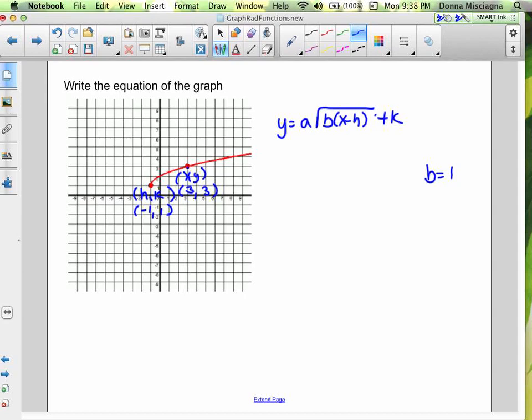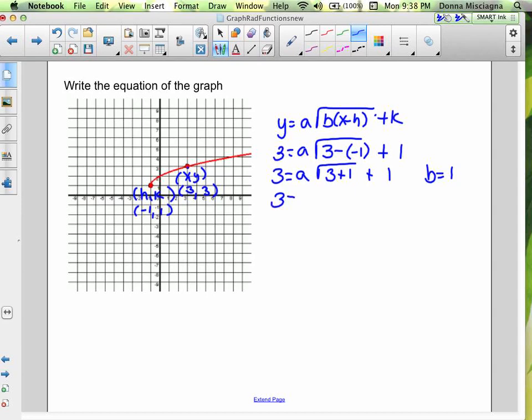All right, so we have 3 equals a times the square root, and of course our b is going to be 1. So x is also 3, and then minus a negative 1, plus k, and k is 1. So we just plugged in. Plug and chug, and now it's just a little simplifying. 3 equals a times, that's going to be 3 plus 1, plus 1.